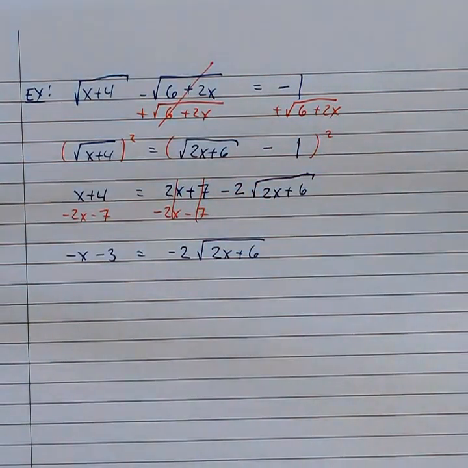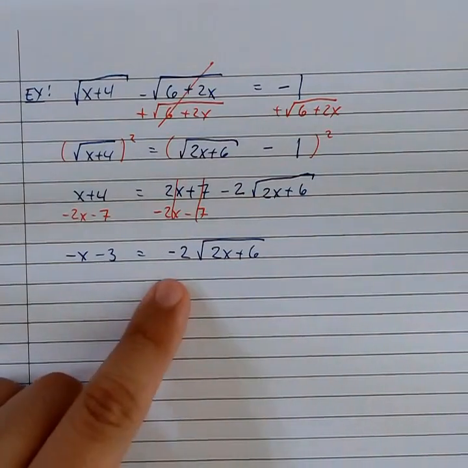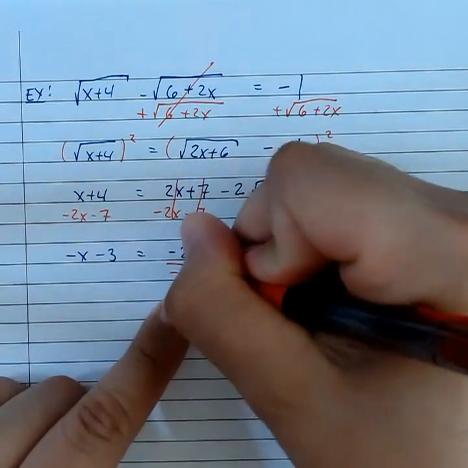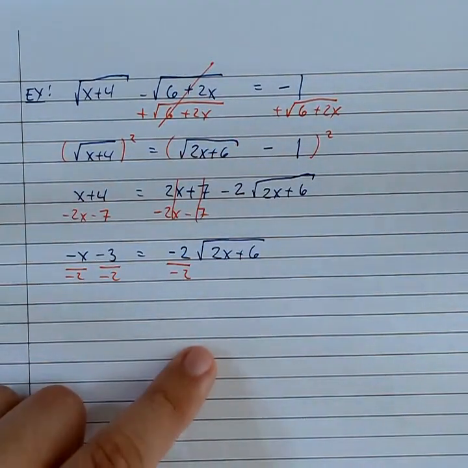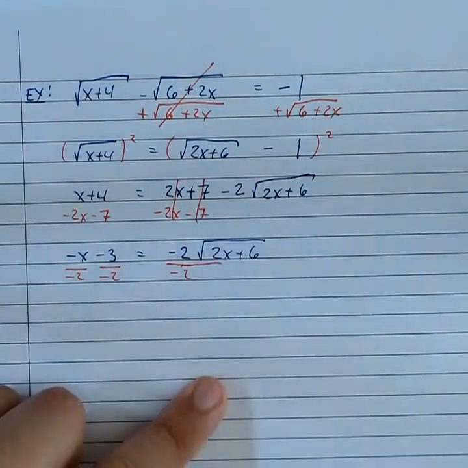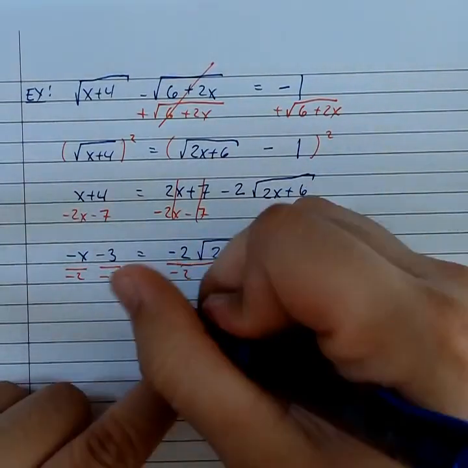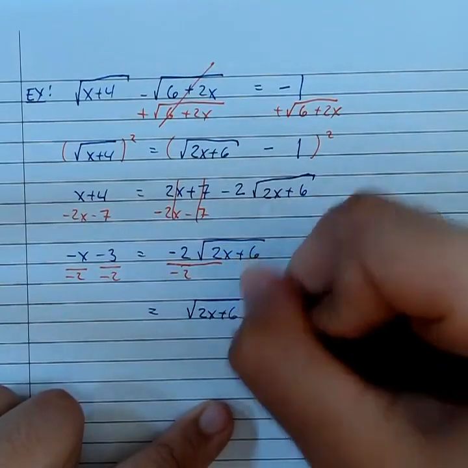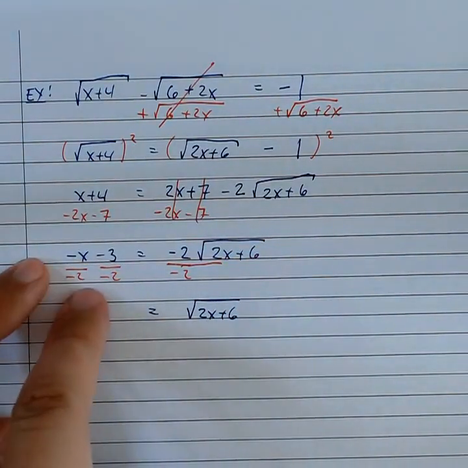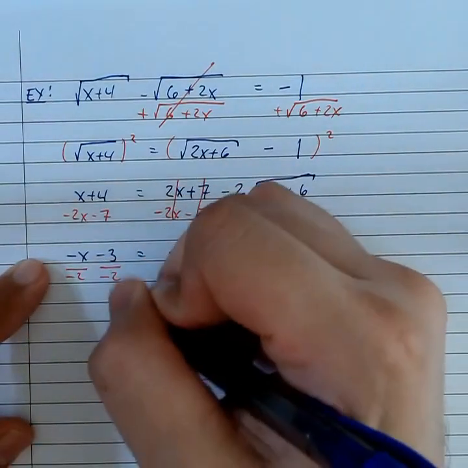Just like that. Let me get rid of that negative 2 as well. Let me divide everything by a negative 2. Everything's getting divided by a negative 2. Okay. So here that's going to leave me just my square root of 2x plus 6. Over here, negative x divided by negative 2, well, that's going to become a positive, yeah? Negative divided by a negative is a positive.